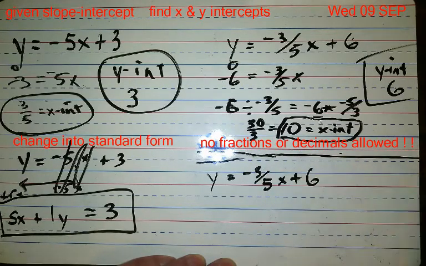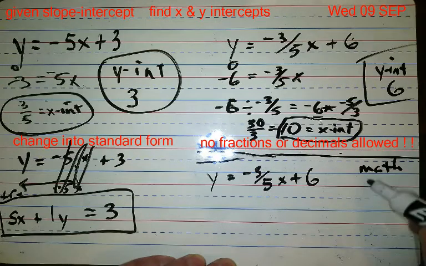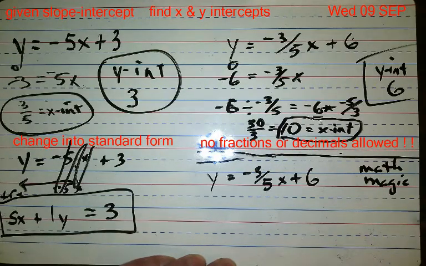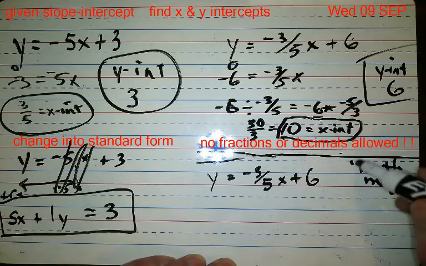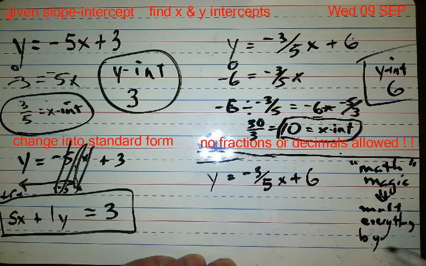Well, there's a special thing that you can do. We're going to call it math magic. You can make the fractions disappear if you multiply everything here by the denominator. So math magic means multiply everything by the denominator. All right.